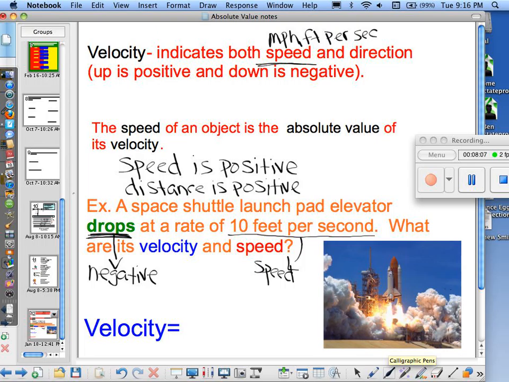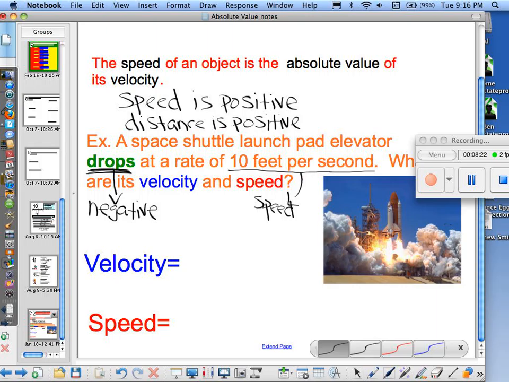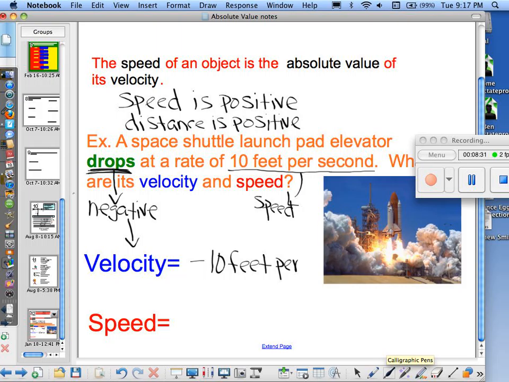So we need to figure out our velocity. Velocity being the direction, up or down, and the speed, which is always positive. So our velocity is negative because it was dropping. And we've got it at 10 feet per second.